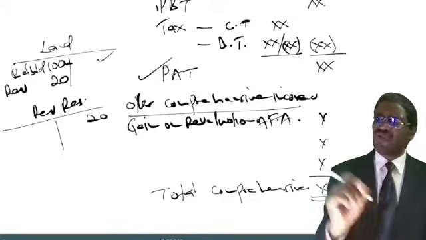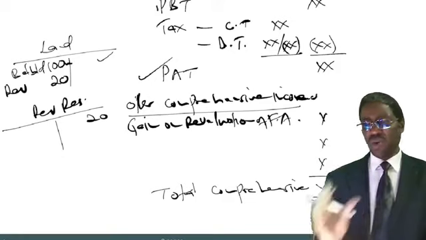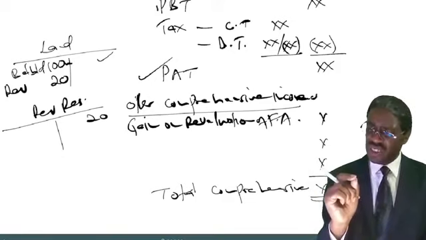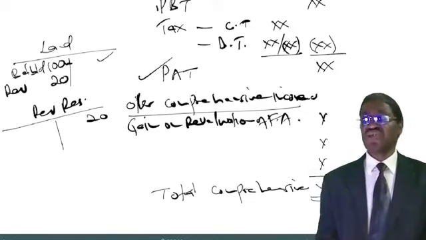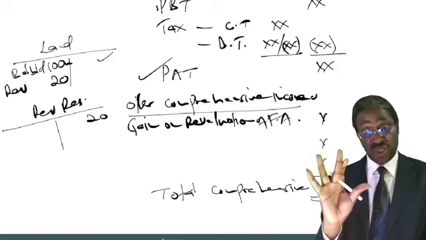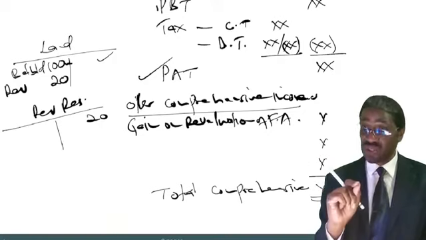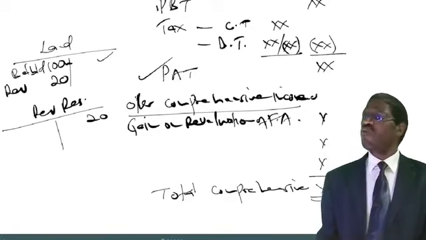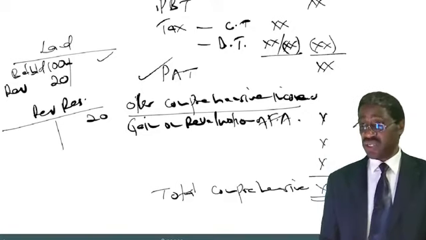In the process of translating one currency to another, there could be a chance that as a company you may gain or lose just because of the fluctuations in the exchange rate.